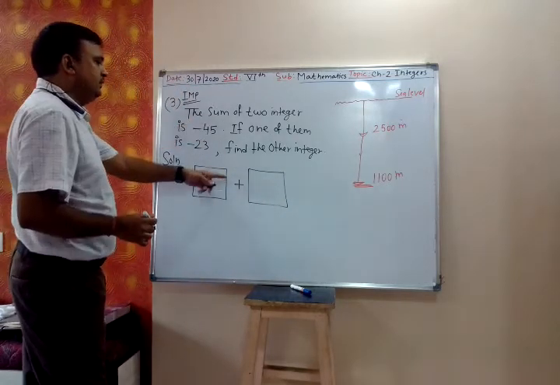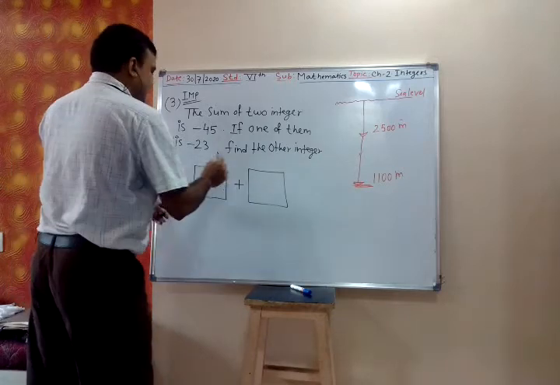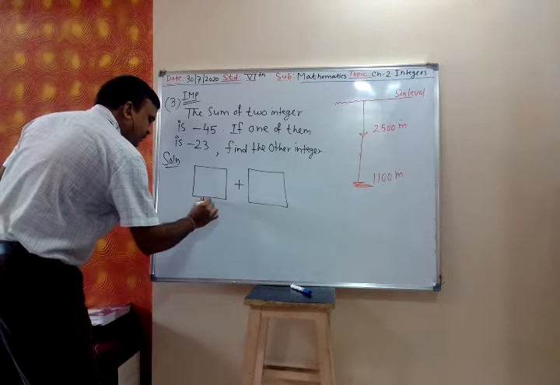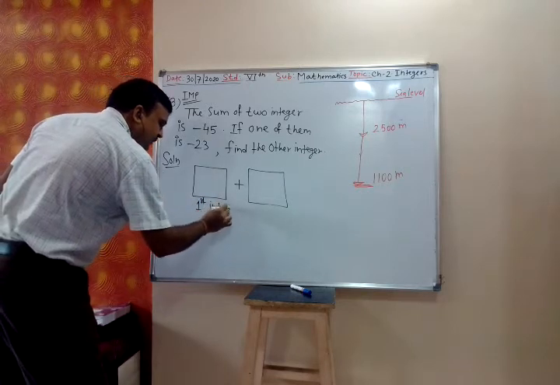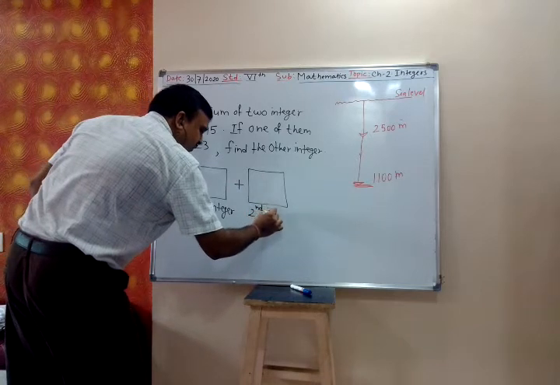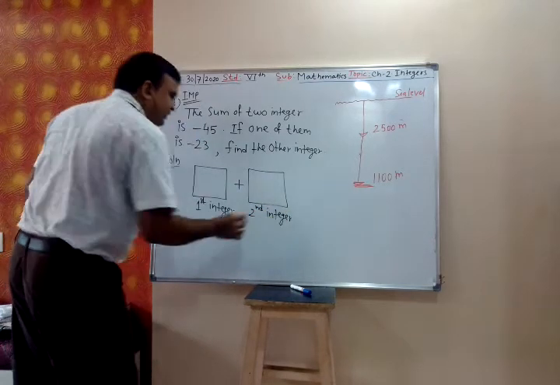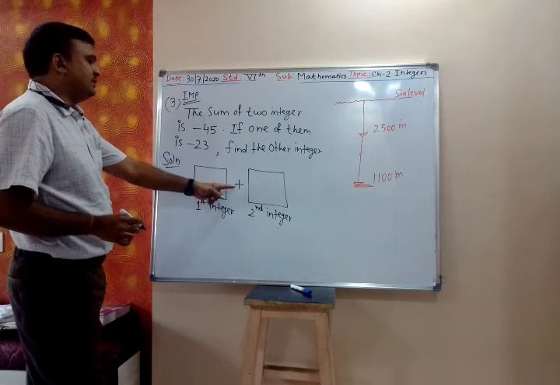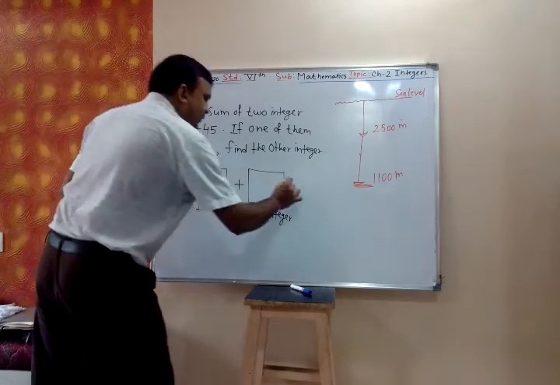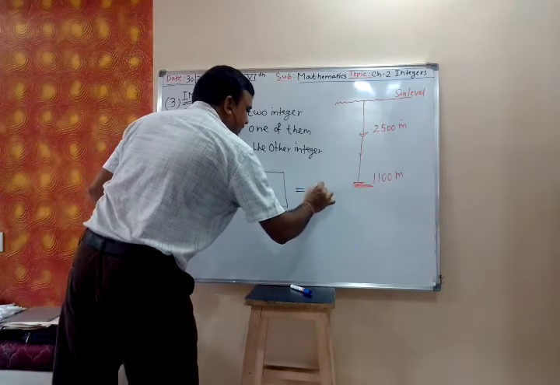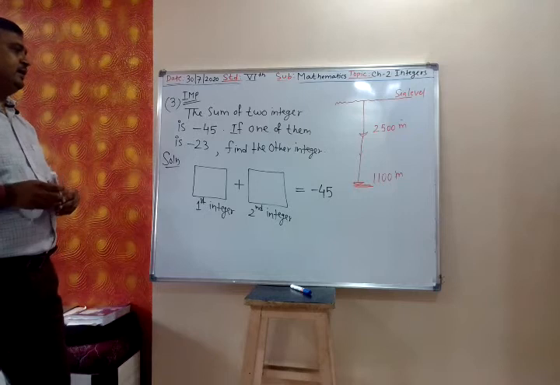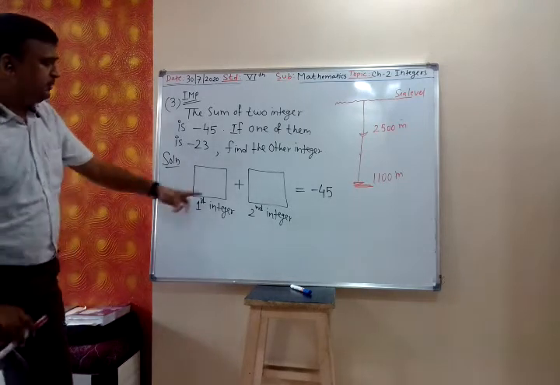This is my first integer and this is my second integer. Sum means plus. Their sum is minus 45, so we write equal to minus 45.